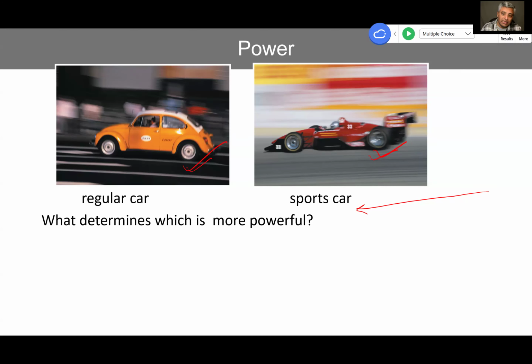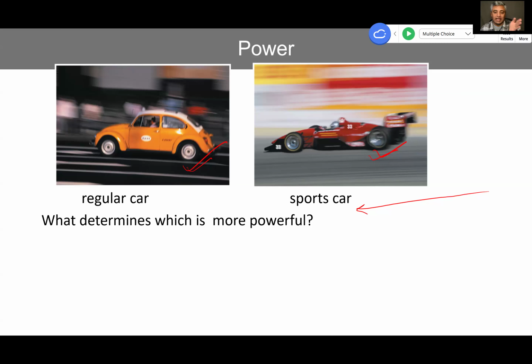For example, you can keep pressing the gas pedal on a car. What happens? A regular car still takes a long time to reach that high speed, but a sports car can go quickly. So anyway, that's the difference between power and energy, or work.